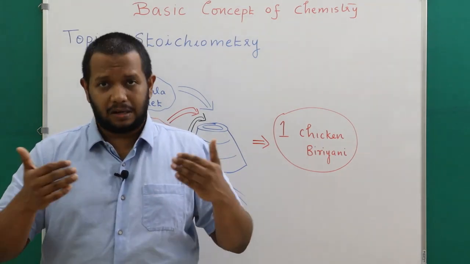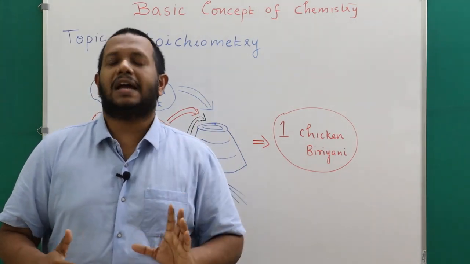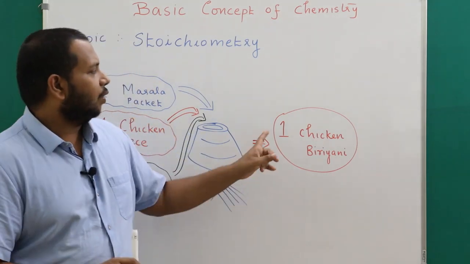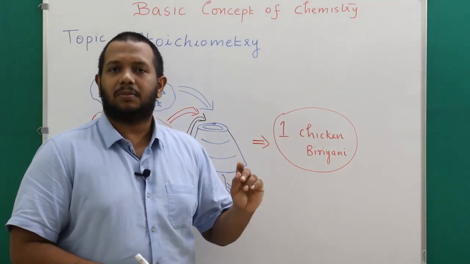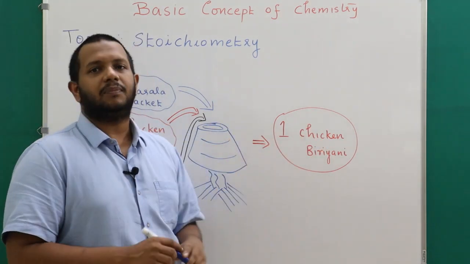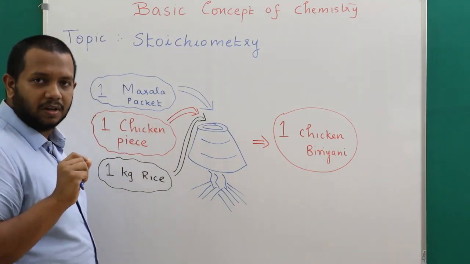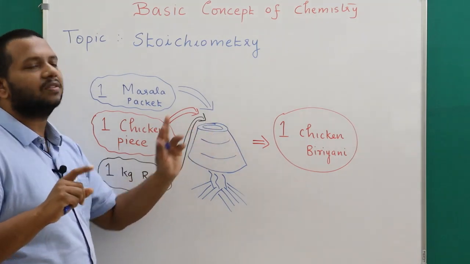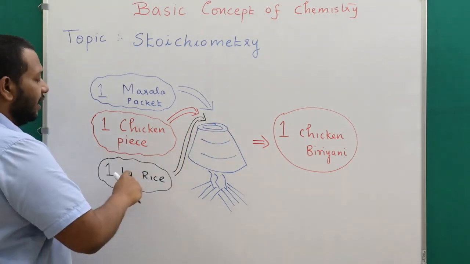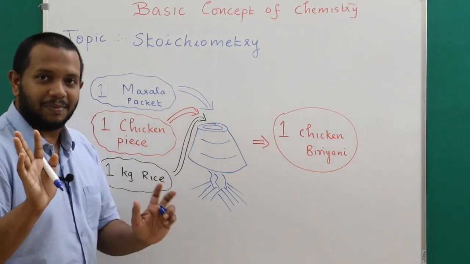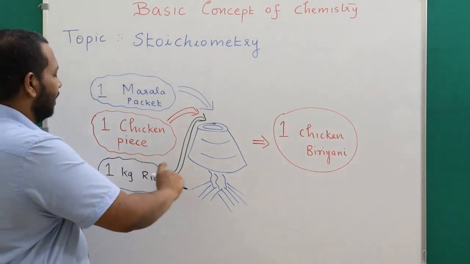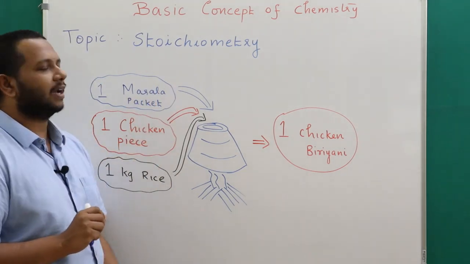And after learning, you understood that to prepare one chicken biryani, I am saying one chicken biryani, you need one chicken piece, minimum one chicken piece is required. That is, 1 chicken piece makes 1 chicken biryani, and 1 kg rice is required. Okay, please imagine, it's just an imagination. 1 kg rice is required and 1 masala packet is required.